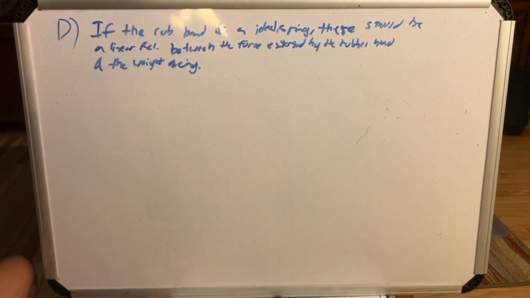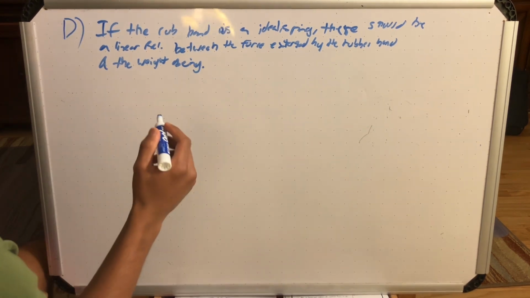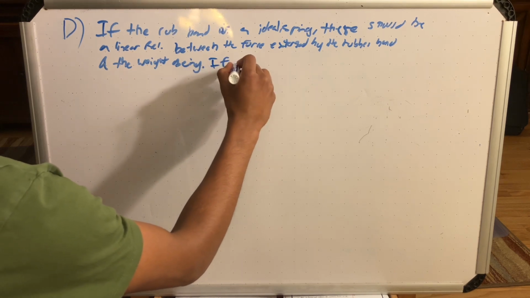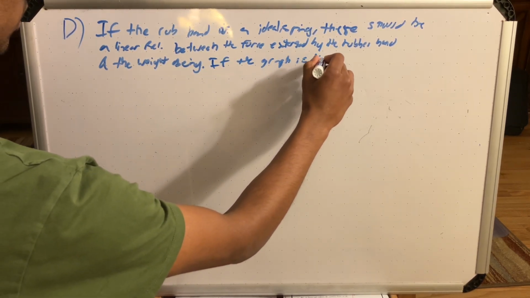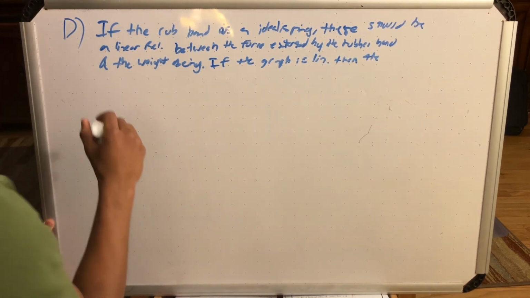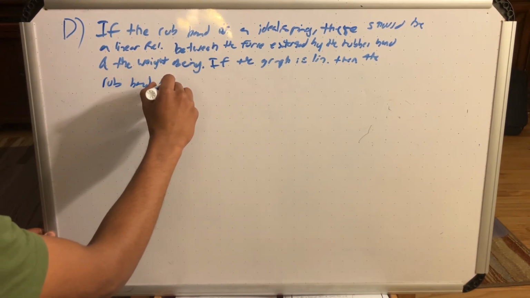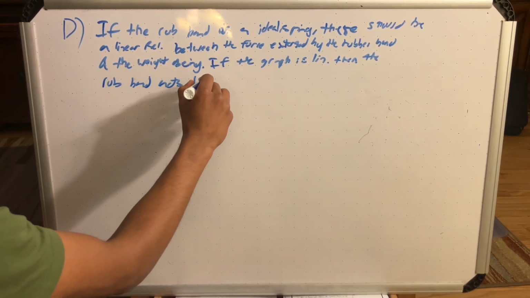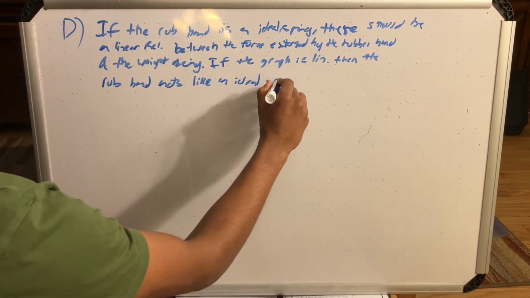And then I lost a point because I did not specifically say that the graph should have a linear relationship if it were to act like a spring. So if the graph is linear, then the rubber band acts like an ideal spring.